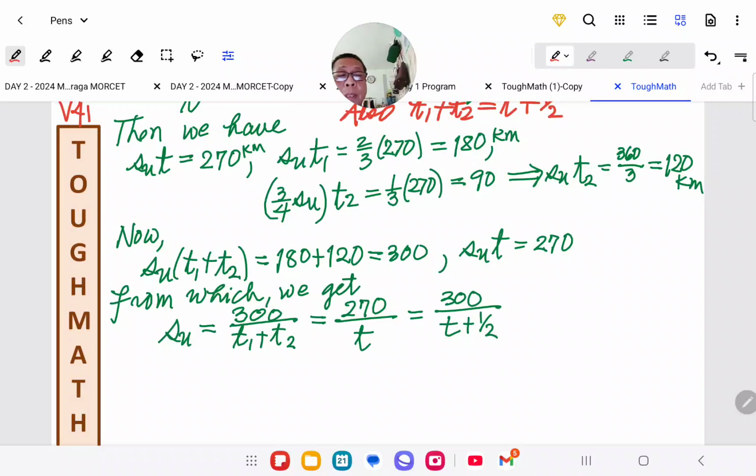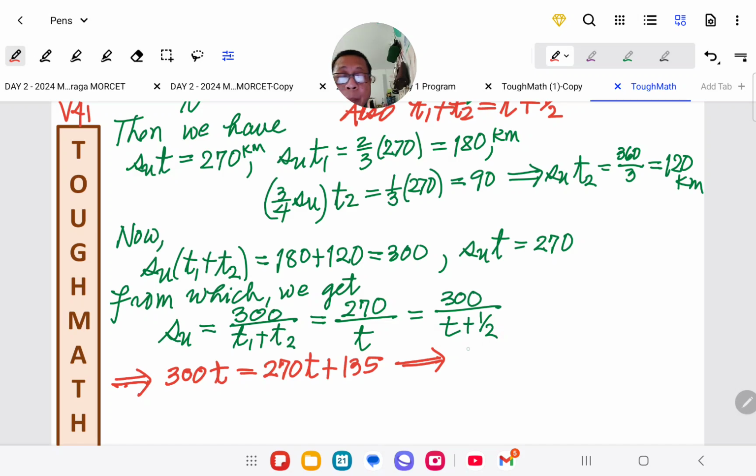Okay. So cross multiplying we have 300t is equal to 270t plus 135.